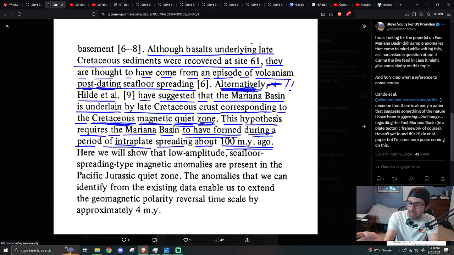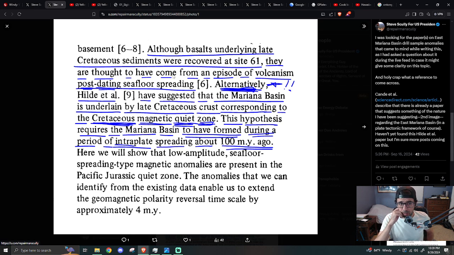So instead of recognizing what the evidence shows, we're going to say, well, who knows? Could have come from who knows? There's probably other stuff underneath it. Who cares if it doesn't look like an oceanic plateau whatsoever? It's probably underneath it. How did it get there? From a spreading ridge?